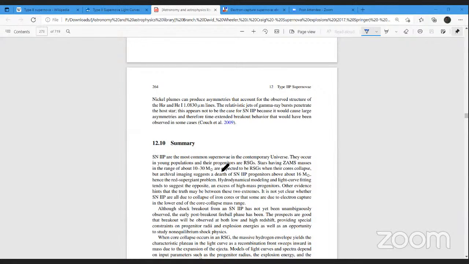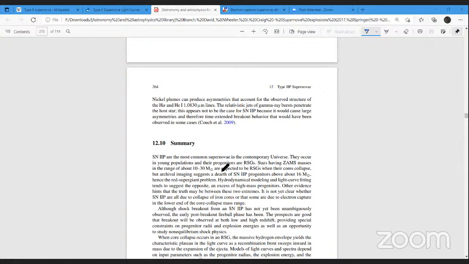Stars having the ZAMS mass means nothing but the main sequence stars' mass, because from that stage nuclear fusion starts, and we are concerned only with the stages after that. ZAMS's full form is zero age main sequence.